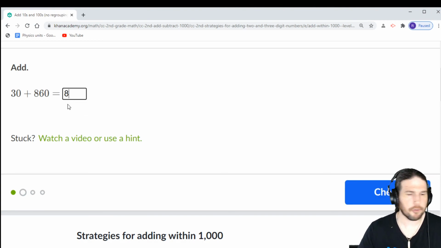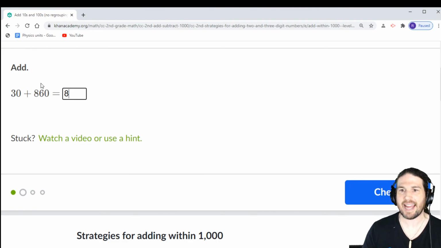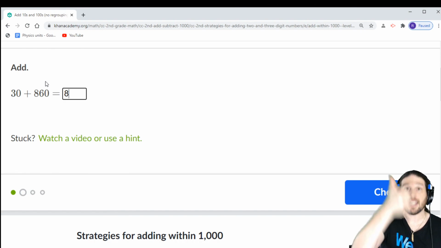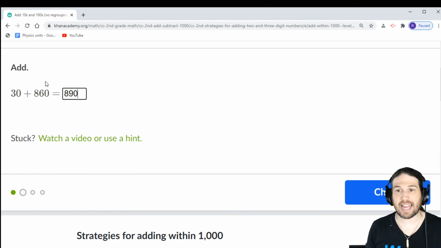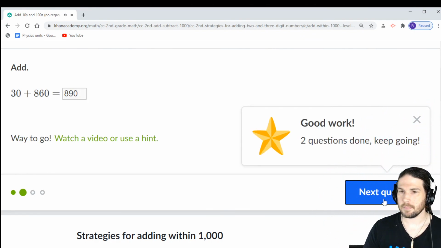Again, the 800 is not going to be affected because there's no regrouping. It's not going to be affected by the addition of those 3 tens. Instead, we just count up the tens digits. 6, 7, 8, 9. The answer is 890.